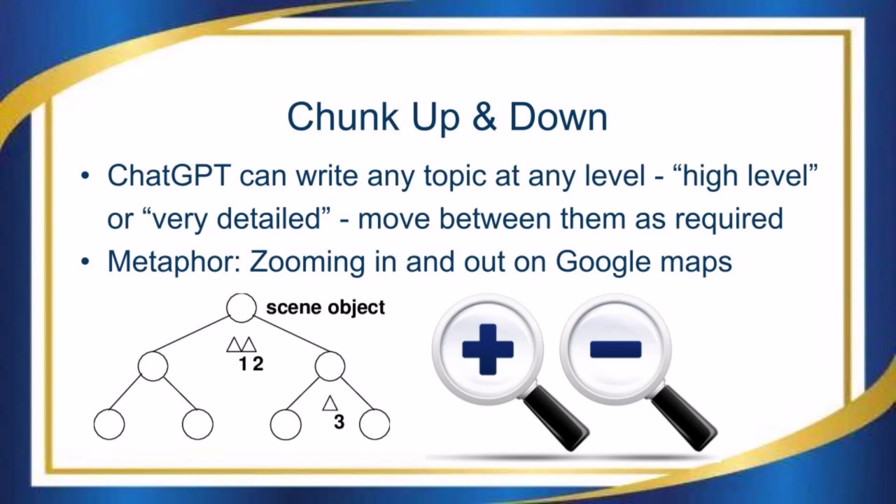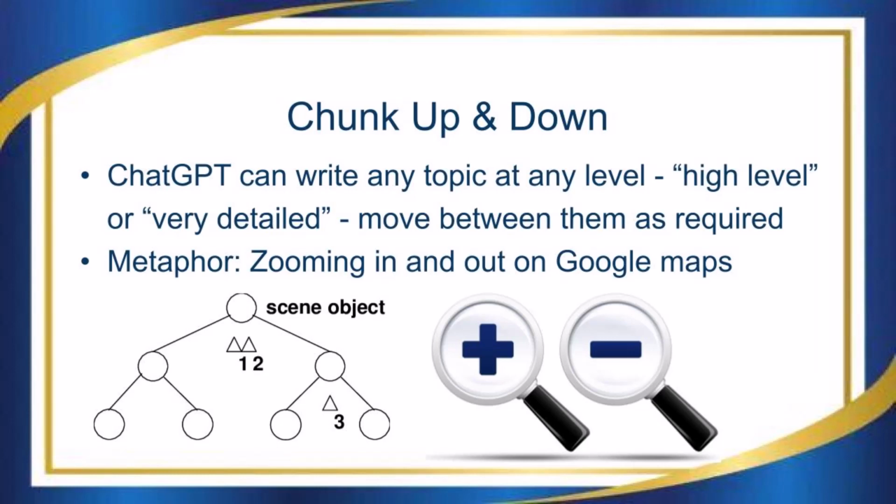So in the next step, you say, great, ChatGPT, now please expand in more detail on this section of the blog post. And it will give you a longer version of that part. And if you still want more detail, you say again, please expand in more detail on this section of this section.